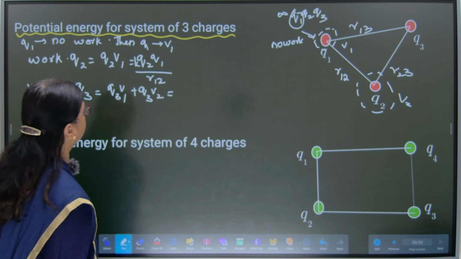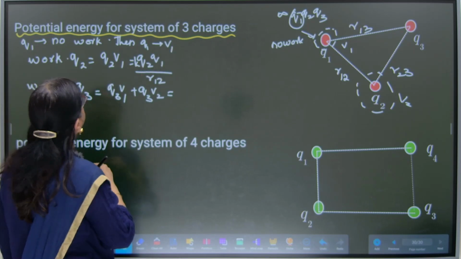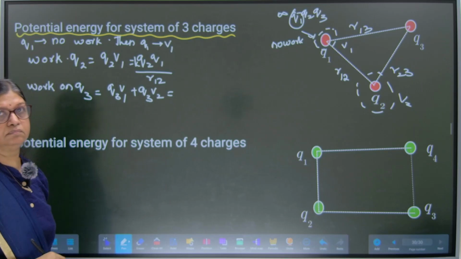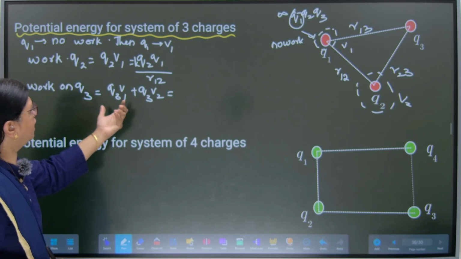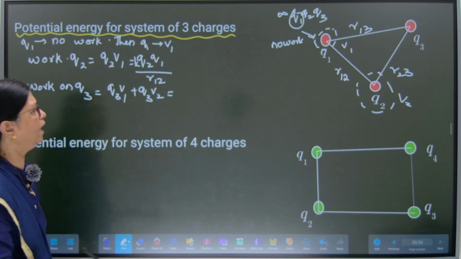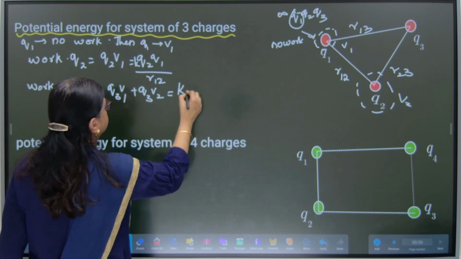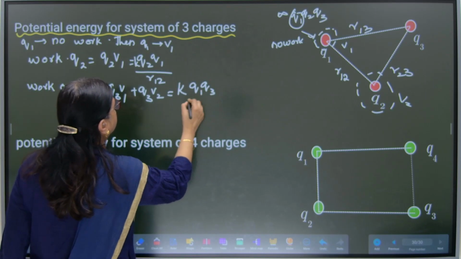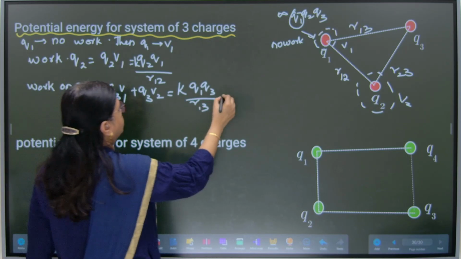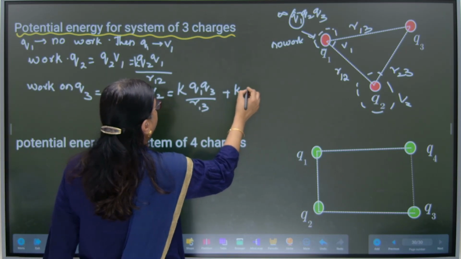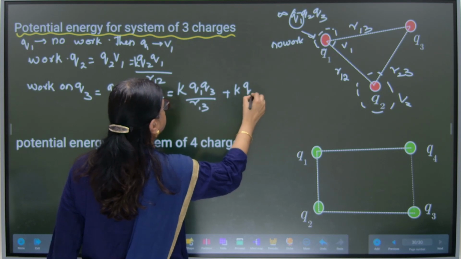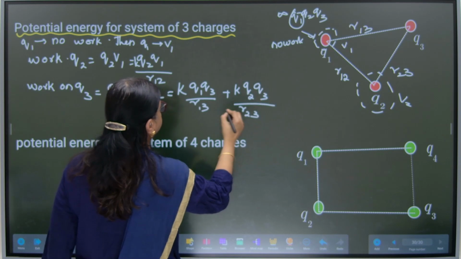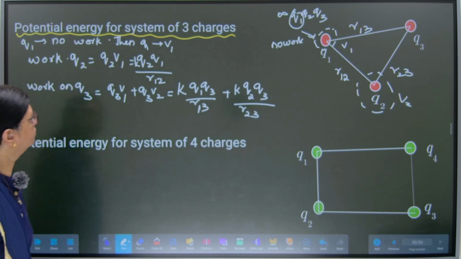So what is my answer? V1 I know, V2 also I know. Agreed? So I just have to join them because we already know the formula. I just have to write K Q1 Q3 upon R13 plus K Q2 Q3 upon R23. Agree?